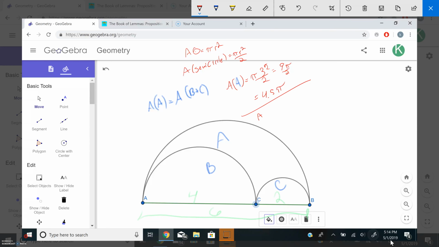Next, we look at the area of B, and we get pi times 2, which is half of 4, squared over 2, which is 4 pi over 2, which is just equal to 2 pi. Next, we look at the area of semicircle C, and we get that it is pi times the half of 2 is 1, so the radius is 1, squared over 2, which just comes out to 0.5 pi.